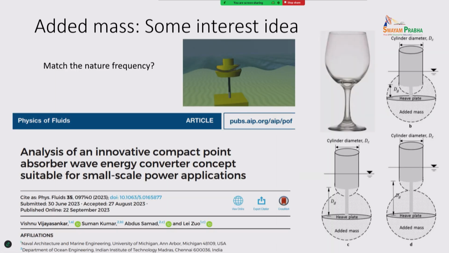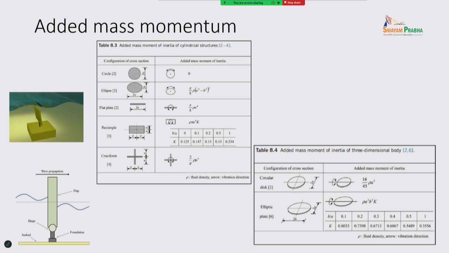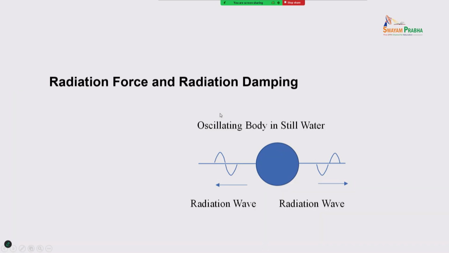Okay, so and this is added mass momentum. So I said we are going to get two concepts across, and added mass is one concept, right? So again, this is a very important concept in the wave energy converter.